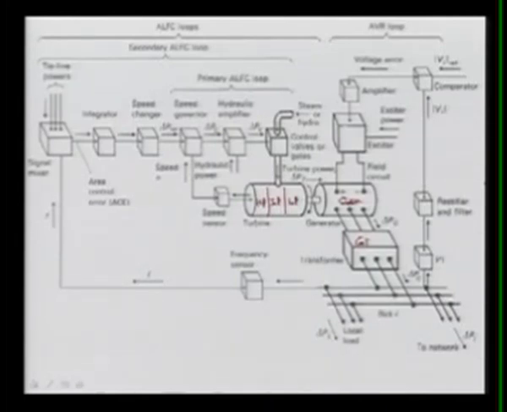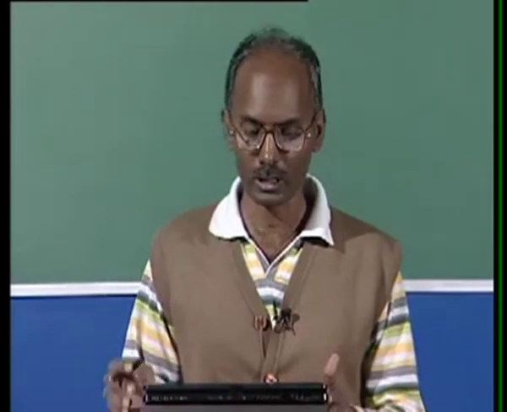So this part, your left hand side starting from here, is nothing but your ALFC loop, that is the automatic load frequency control loop. Already we modeled the primary ALFC loop, and then we also saw the secondary ALFC loops. So to visualize physically what are the components acting here in your secondary ALFC loops, or you can say the complete automatic load frequency control loop.